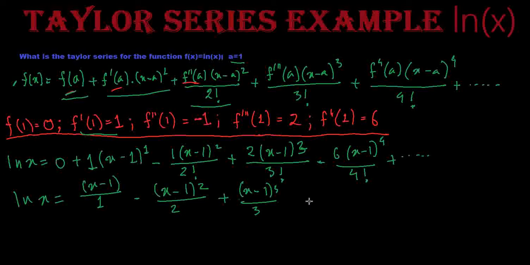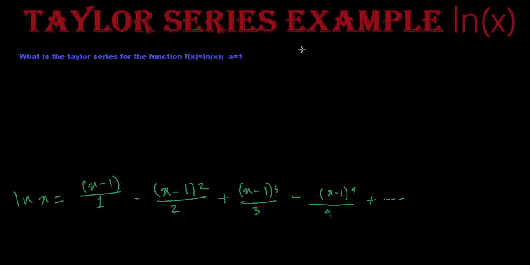And then we have minus 6 times (x minus 1) to the power 4 divided by 4 factorial, and this 4 factorial we can write as 4 times 3 times 2 times 1, and 3 times 2 is 6. This 3 and 2 can be cancelled with 6, so we are left with 4 only, so the denominator will be only 4, and so on.